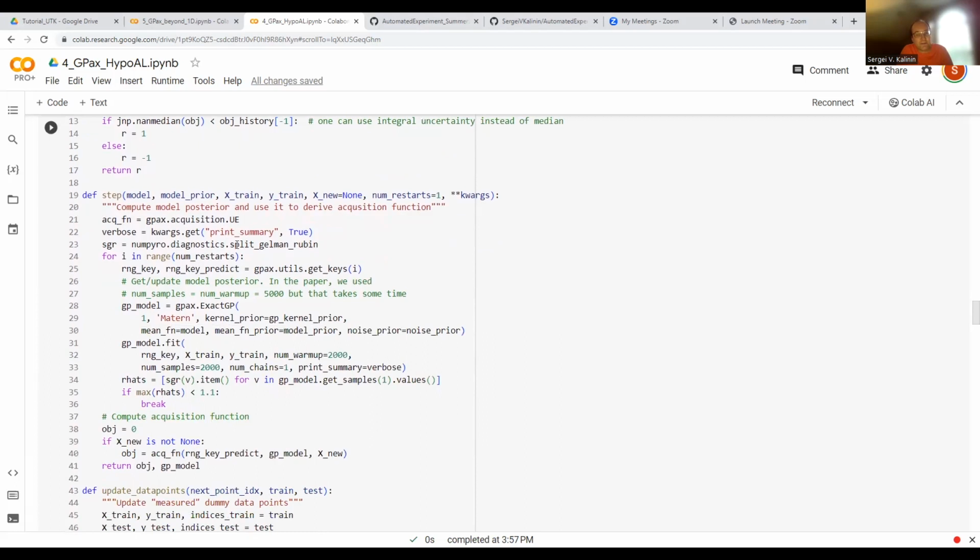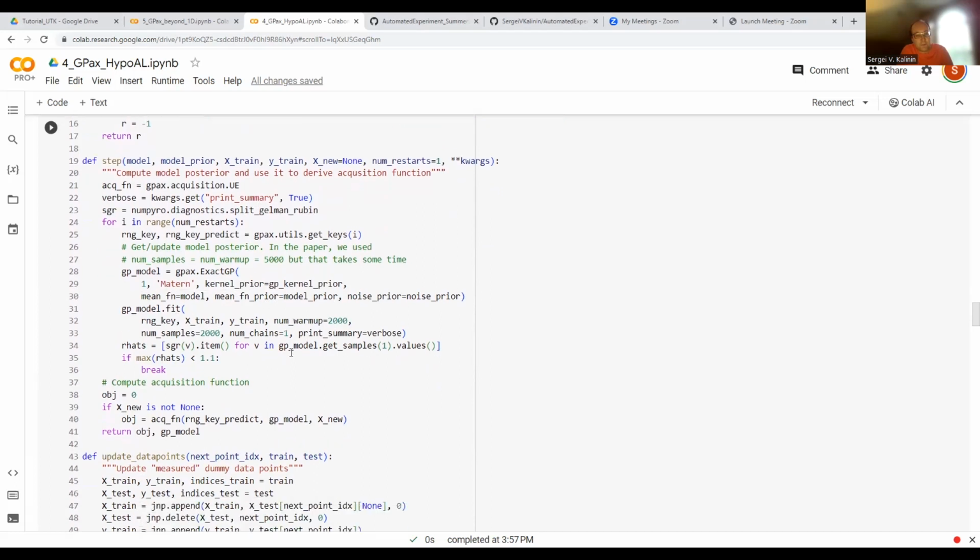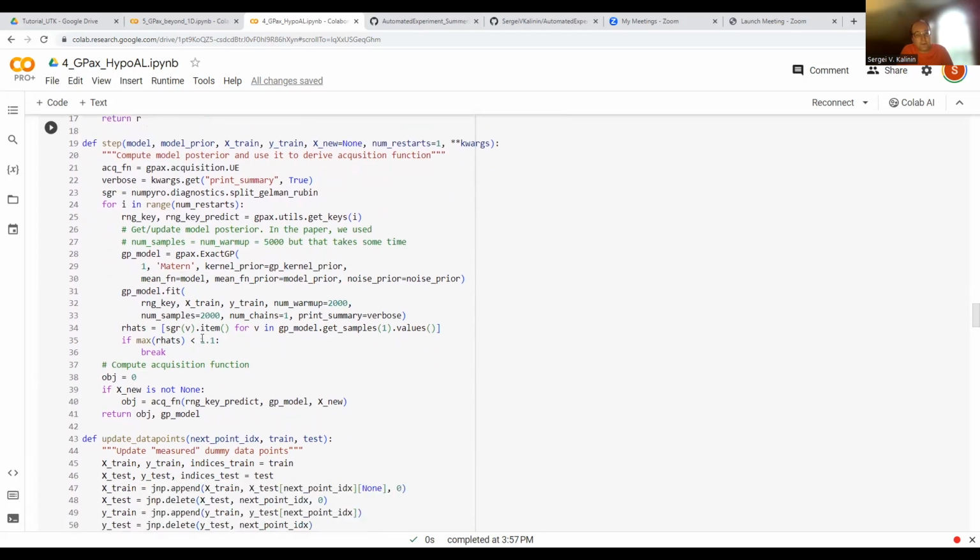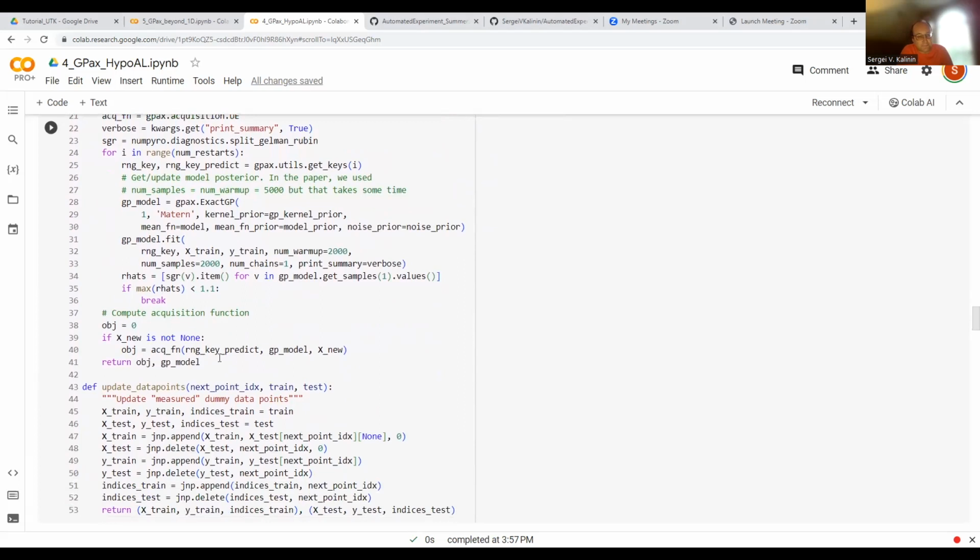We need to provide some information to work under the hood to make the Monte Carlo chain work better. And this is our Gaussian process part. As you have seen already several times before, we define our Gaussian process model using the kernel priors, the model priors for the function, and the prior for the noise. We fit the model, and then we determine what was the uncertainty.